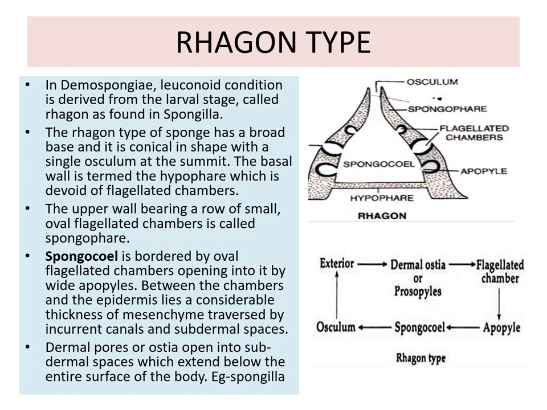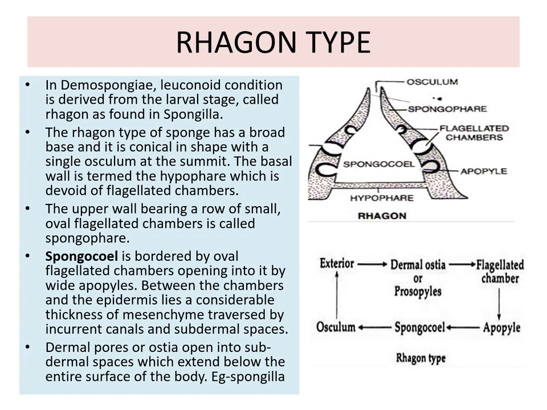The base wall is termed the hypophare, which is devoid of flagellated chambers, right? The upper wall bearing the row of small oval flagellated chambers is known as the spongophare. The spongocoel is bordered by oval flagellated chambers opening into it by wide apopyles.